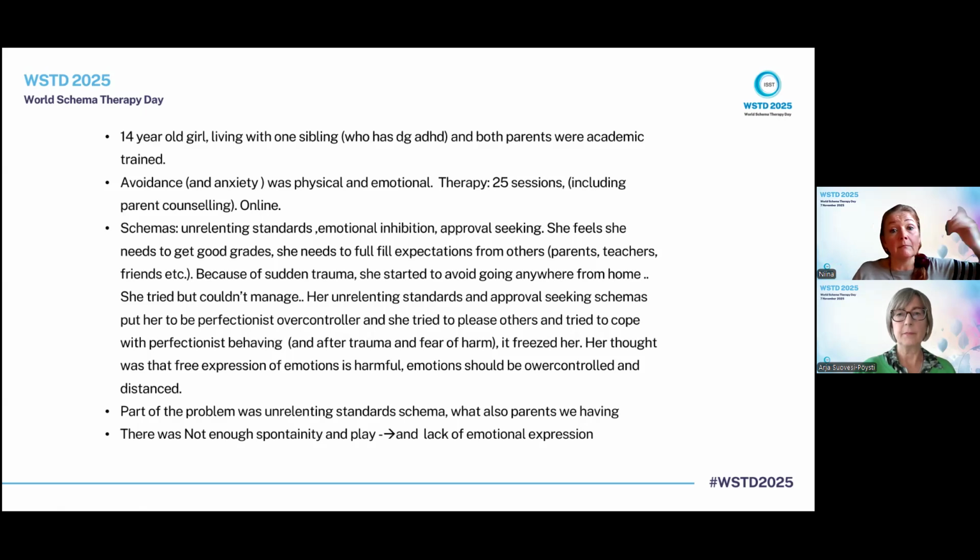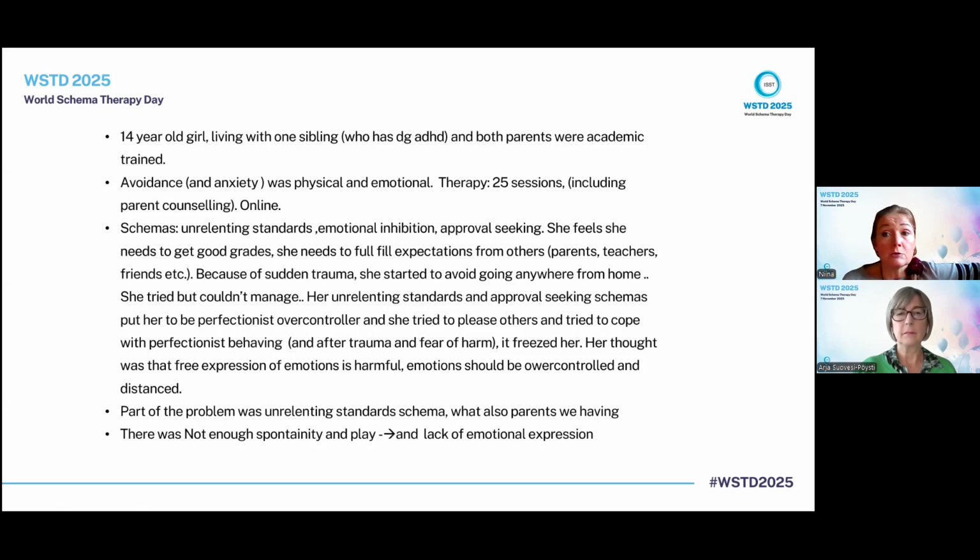Her unrelenting standards and approval-seeking schemas put her in a perfectionist over-controller mode. She tried to please others and tried to cope with perfectionist behaving. And distancing herself from emotions, she was controlling everything. After trauma and fear of harm, it really was tricky.